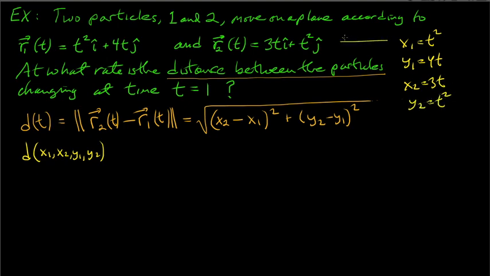I just get those from the given position vectors. You can think of each of these as parameters, so we essentially have 4 variables with respect to t here. So we can apply the chain rule.